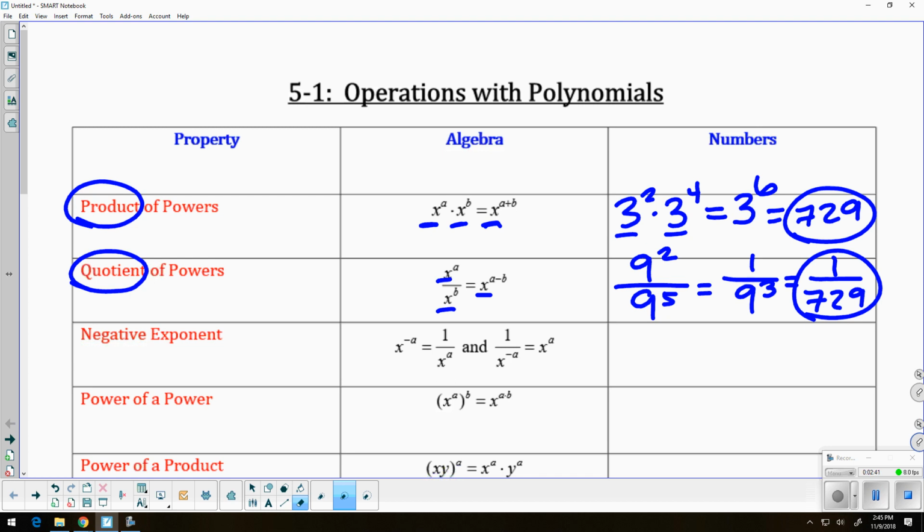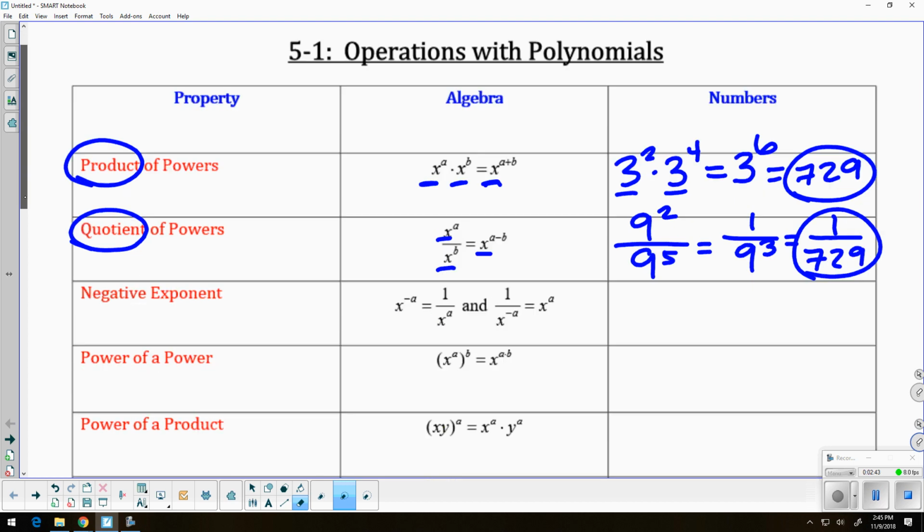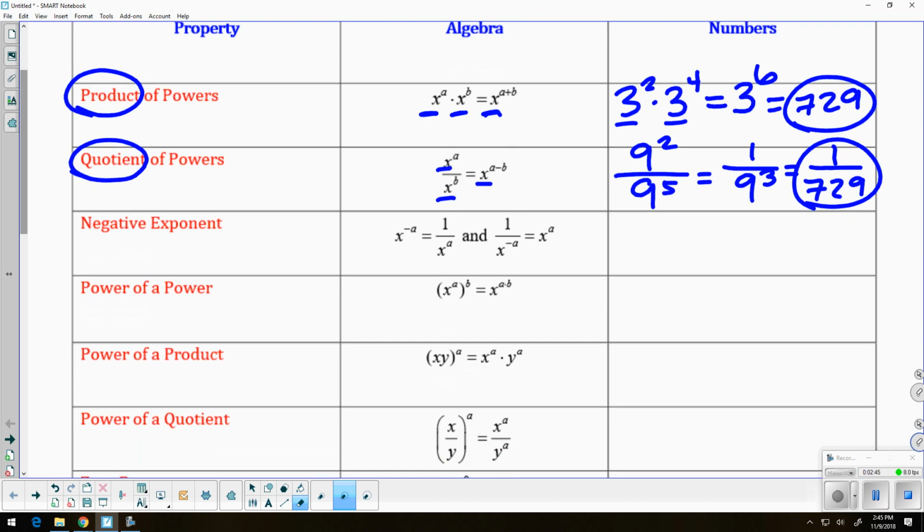Okay, negative exponents. When it comes to a negative exponent, you never want to leave a negative exponent in your answer. Never, ever. So, as an example, if you have x to the negative a power, as you see, you're just going to take it and relocate it downstairs to make it into a positive exponent. So you basically just do the reciprocal. And same thing vice versa. If you have a negative exponent in the bottom, to make it positive, you just move it up top.